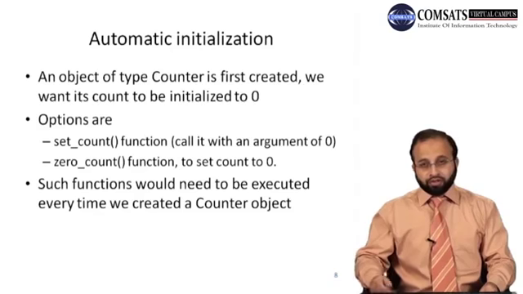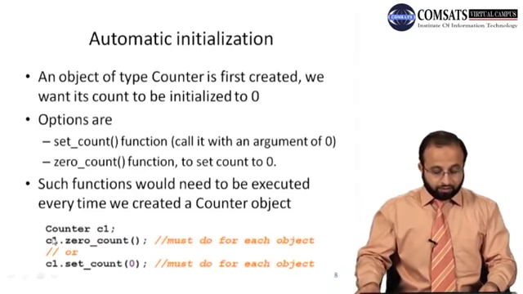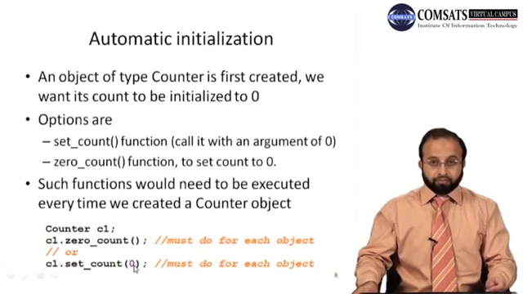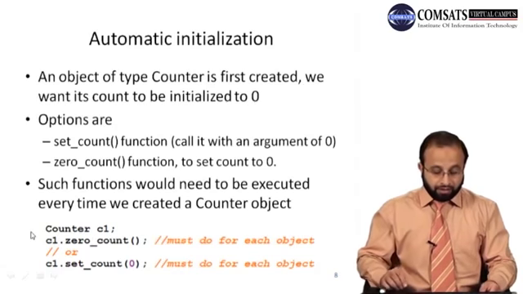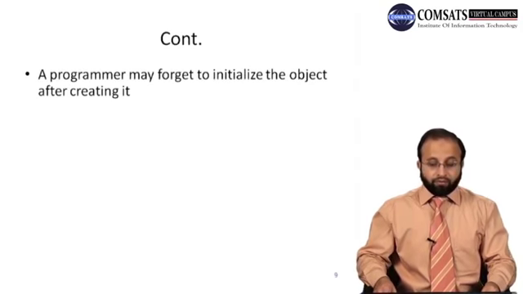If you create an object of counter C1, you have to call C1.zero_count or C1.set_count(0). One of these functions should be called to make sure that the object C1 is initialized with 0. Now a programmer may forget to initialize the object after creating it.